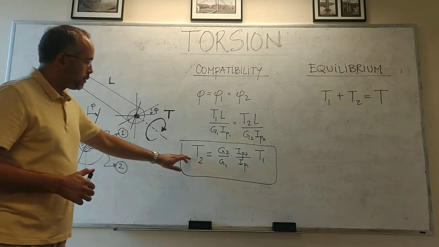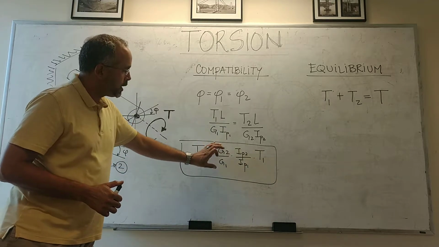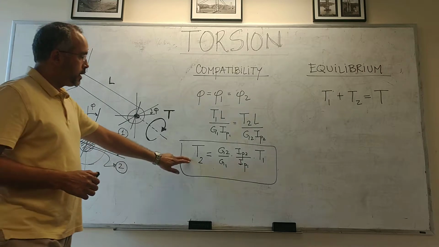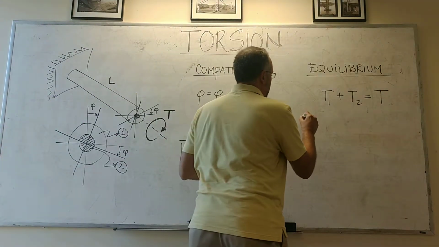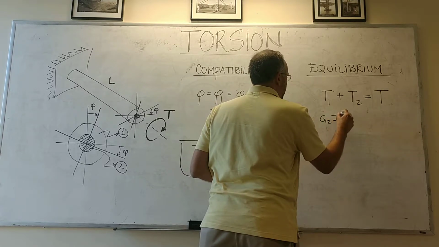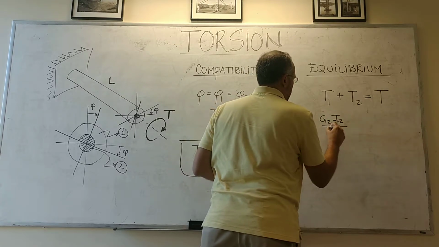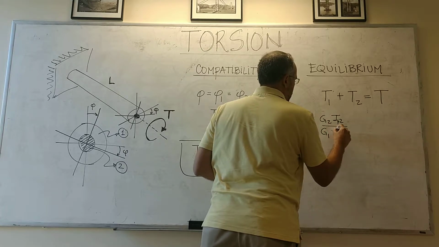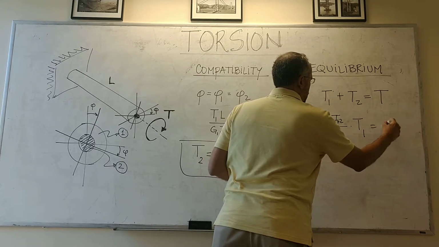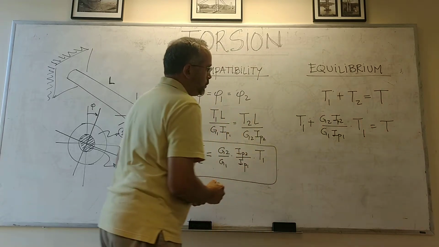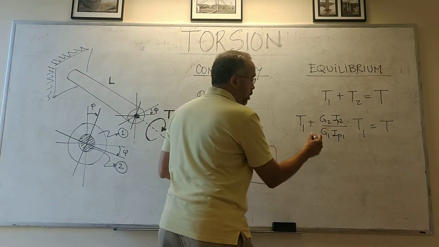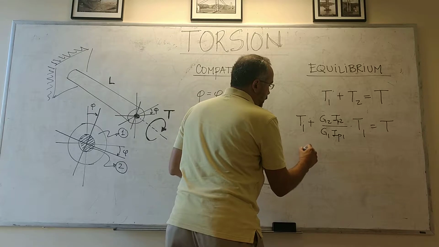So this tells you the ratio between them is going to be equal to the ratio of their stiffnesses. If we take this and substitute it in this equation, we get this. We substituted T2 in here, and now we can solve for T1.